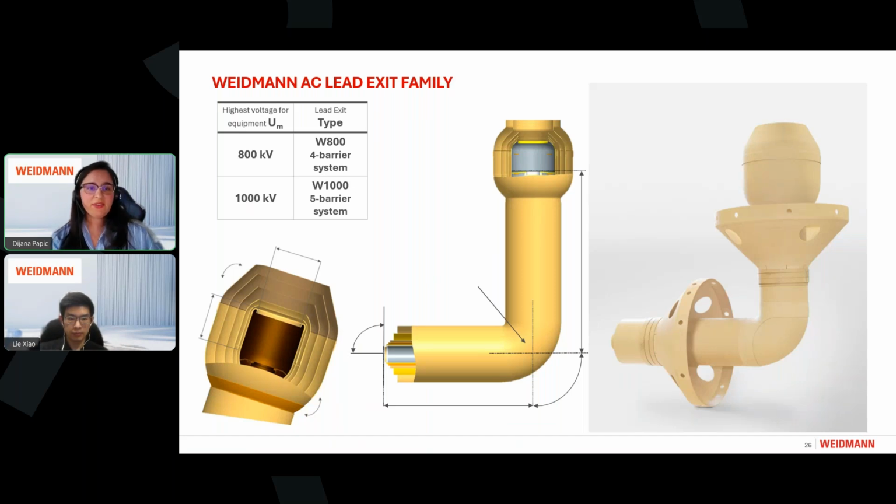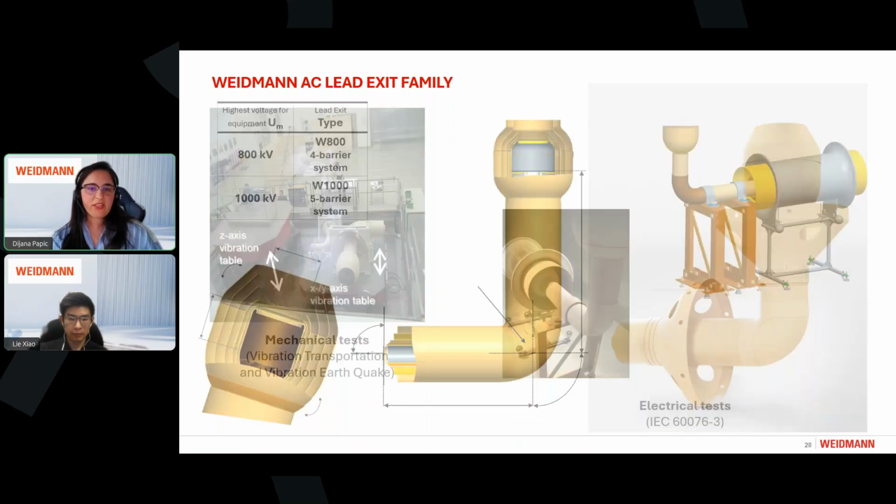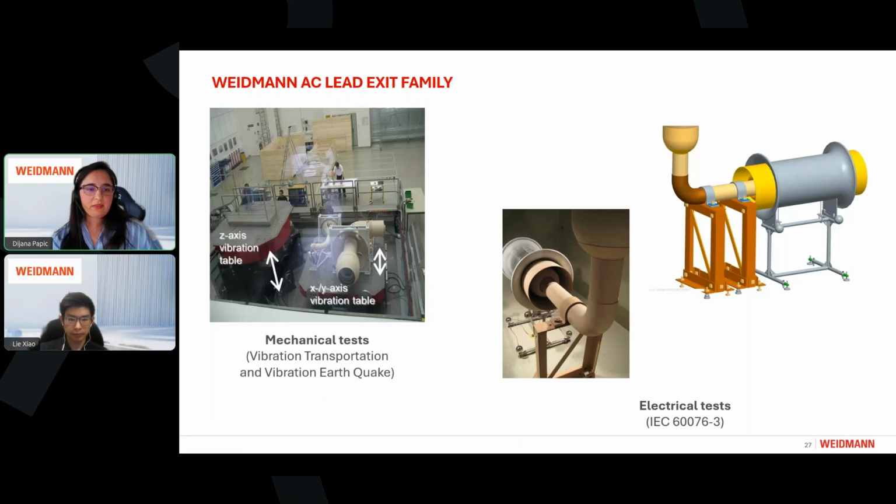Taking all this into account, one could say that we established the AC lead exit production well, and it was verified under electrical and mechanical tests. Passing all that led to the situation that we are able to produce a much more complex lead exit for DC systems.